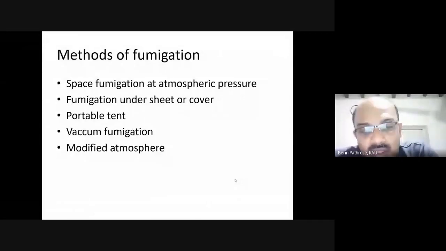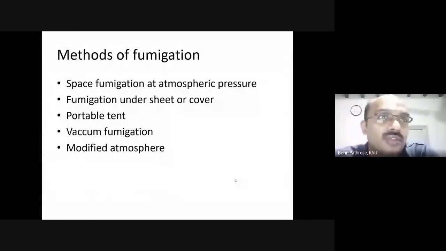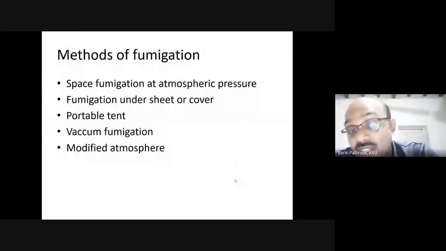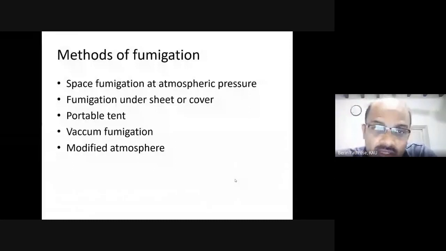The last one we will deal with at the end, because in modified atmosphere we are not using any chemicals at all. So the different kinds of fumigation: one is space fumigation at atmospheric pressure. The second is fumigation under sheet or cover. Then fumigation in portable tents, or vacuum fumigation. Modified atmosphere we will deal with later.